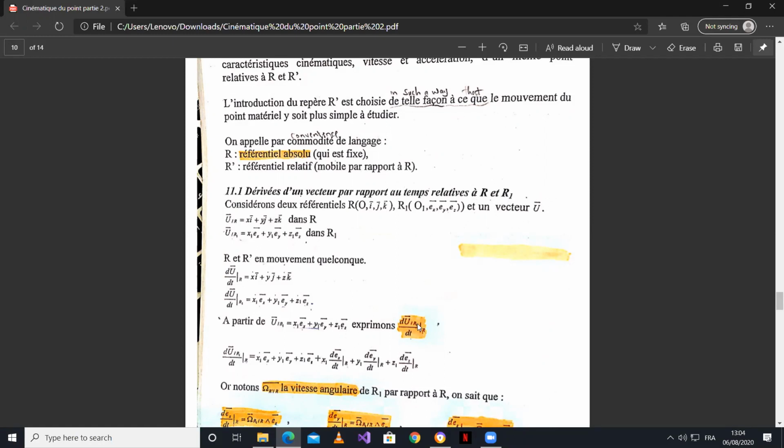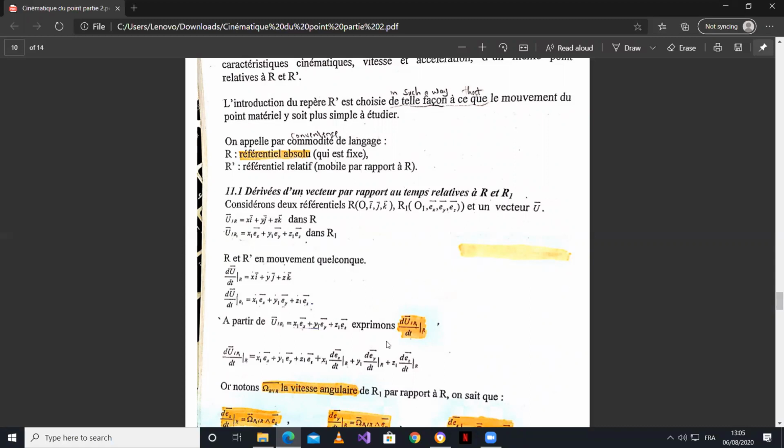It means they're telling you the vector U écrit dans R1. So here we have 2 expressions, one written in R, the other one written in R1. When they write it like this, they're telling you to get the one written in R1.